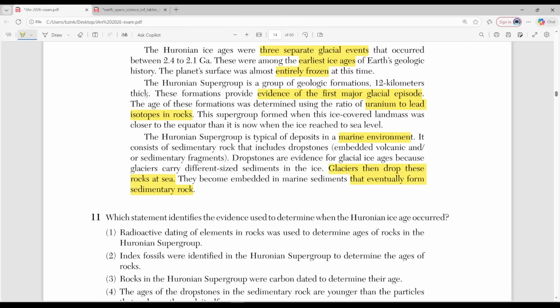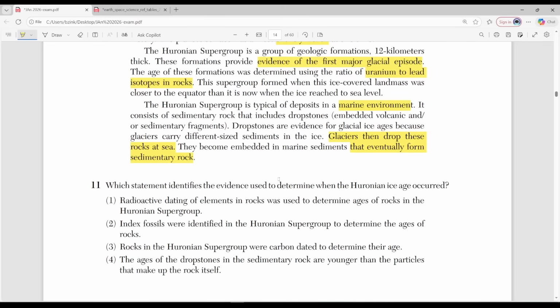All right, which statement identifies the evidence used to determine when the Huronian Ice Age occurred? Radioactive dating. Yeah, the age of these formations was determined using this ratio. So it probably has something to do with that. Index fossils, they did not say anything about fossils. It was radioactive decay. Rocks in the supergroup were carbon dated.